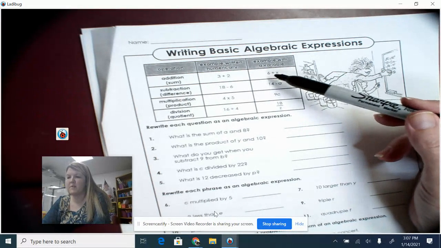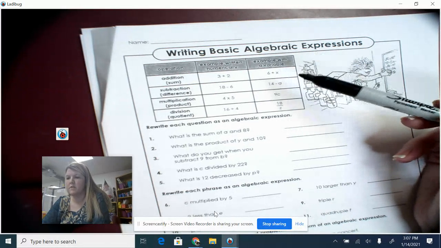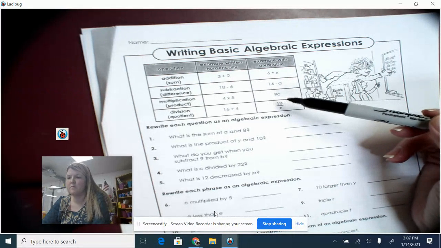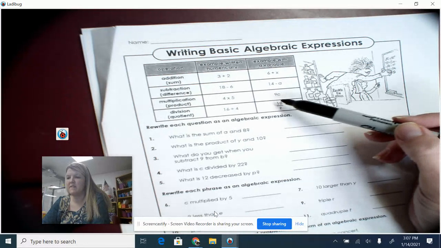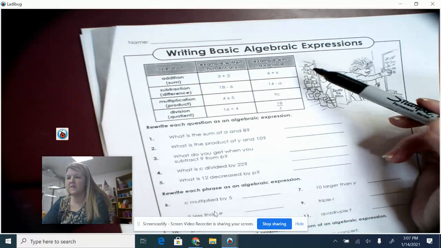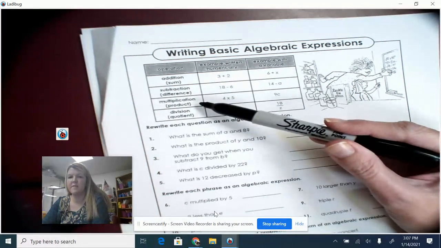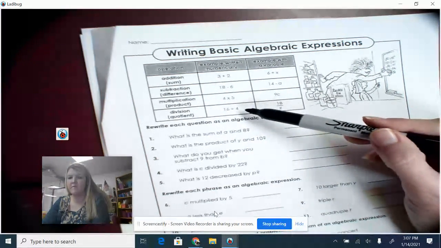So we have 6 plus x, since we don't know what amount x represents, or 14 minus a. Then we've got 9c. So remember, whenever we have the number and the variable beside each other, that means to multiply. So if it doesn't have a symbol or sign in between it, we know that we're finding the product or we're multiplying.